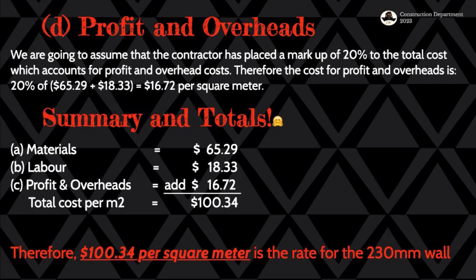If you just go right around the building and calculate the square meters of all the 230 millimeter thick wall, you then multiply those square meters with the $100.34 to get the total amount of money needed for the entire exterior wall, which is 230 millimeter thick. But it depends with the house. Some houses may have the interior is 230, but our house here is a 230 millimeter thick wall.